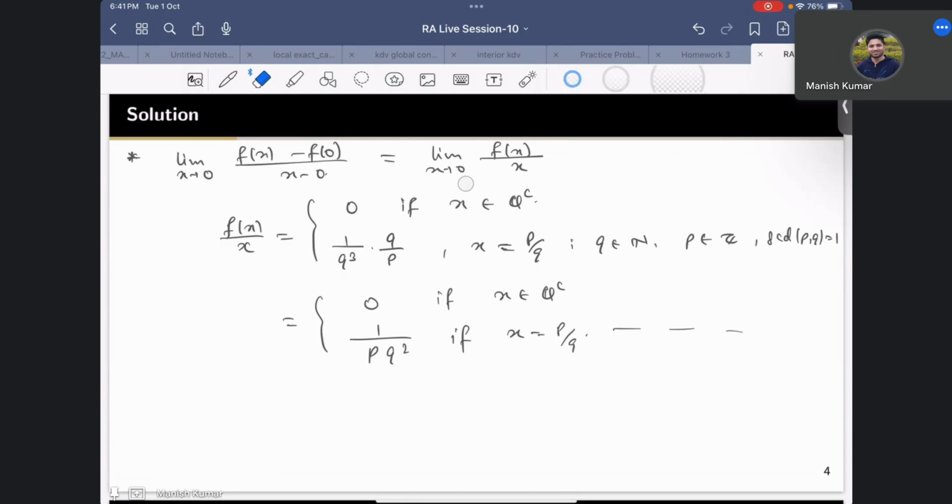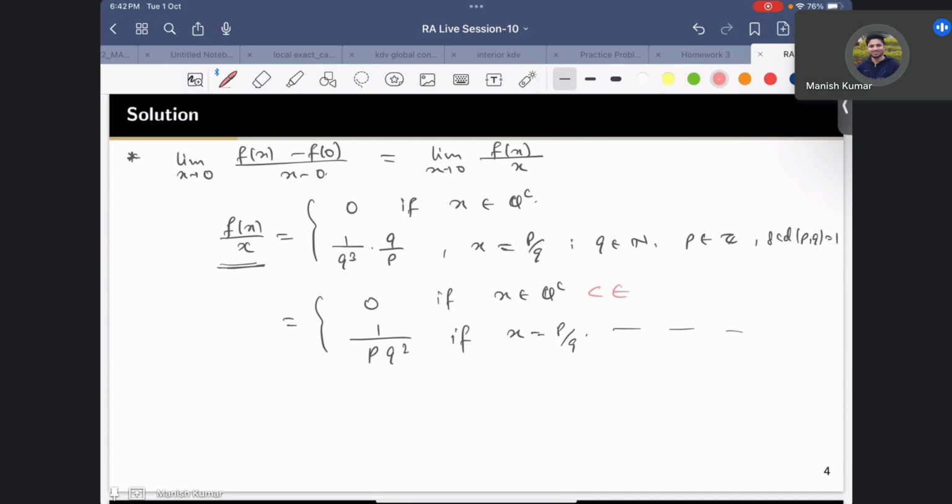So in the irrational case, this is not a problematic case, because this is always less than epsilon. It seems that if this limit exists, it has to be 0, because here this ratio is always 0.